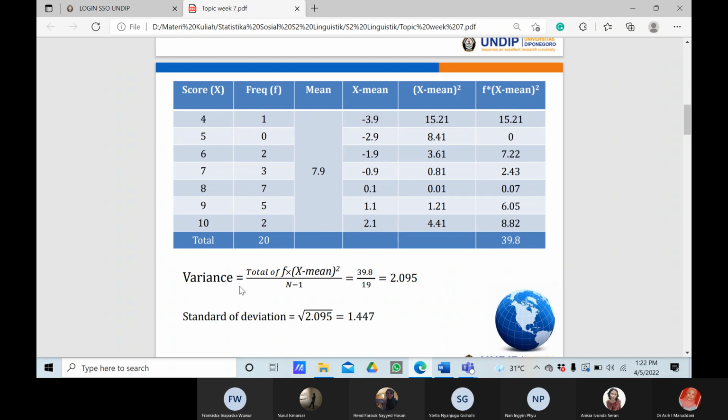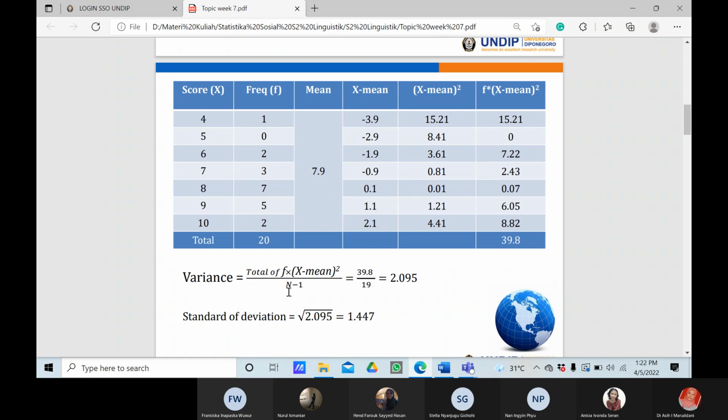Okay, then we have the variance, which will be the total of frequency times the square of x minus mean, divided by n minus 1. This is equal to 39.8 from the total of frequency times the square of x minus mean, divided by n minus 1.